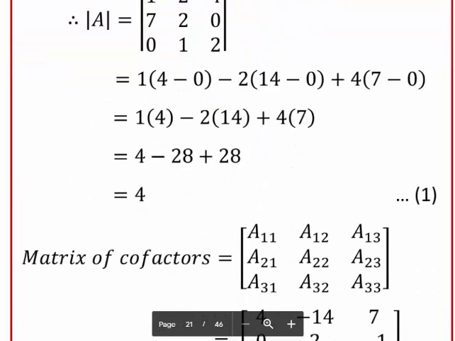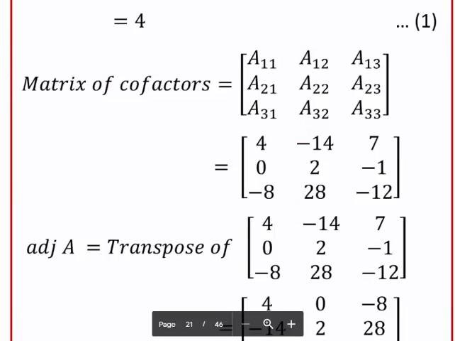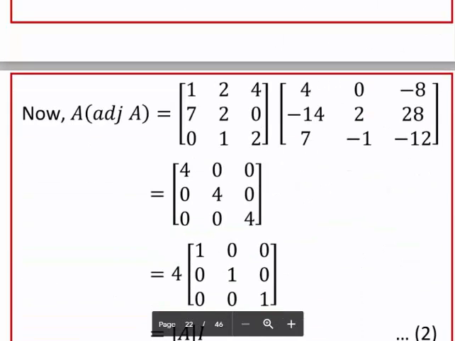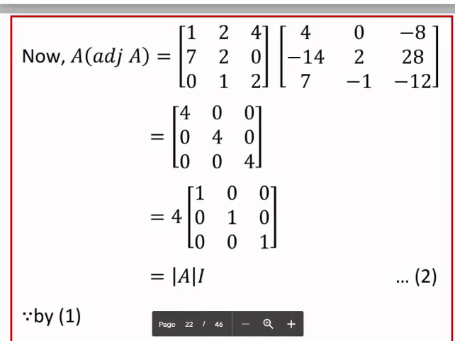So here determinant A is 4. The cofactor matrix is obtained like this, you just take the transpose to find the adjoint of A and then take the product like this. Simplify this, we will get 4 into identity matrix, means determinant of A into I. In this way we reach equation number 2.